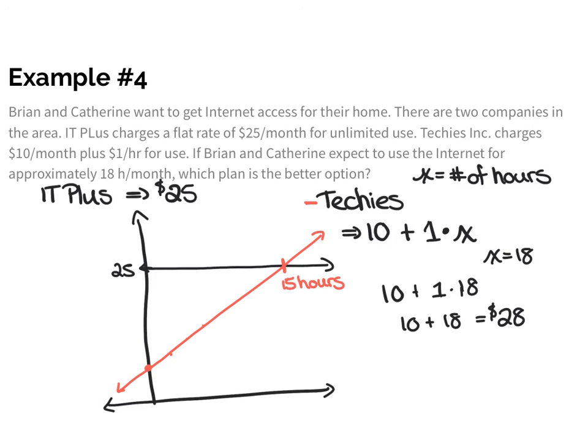So you can see that anything after 15 hours, you're going to want to go with IT Plus because it's always just going to be 25. After 15 hours, Techies is just going to keep going up. So which plan is the better option? I would say IT Plus is the better option.